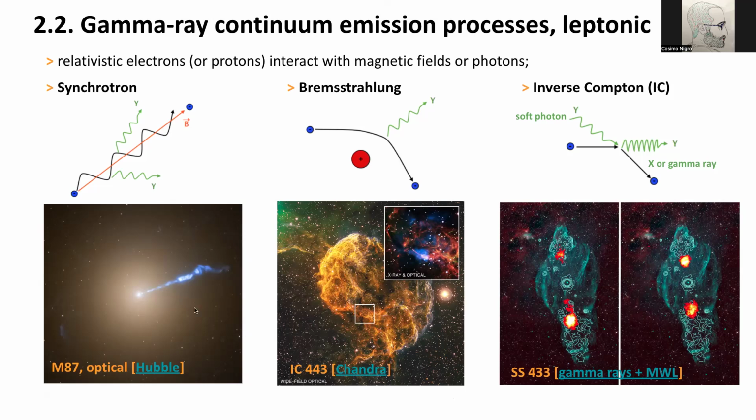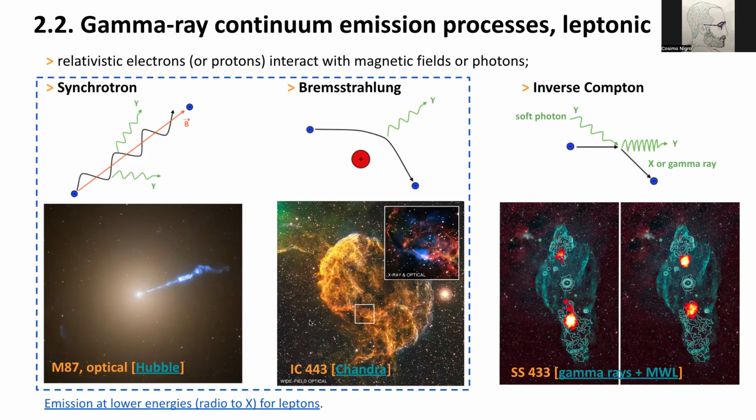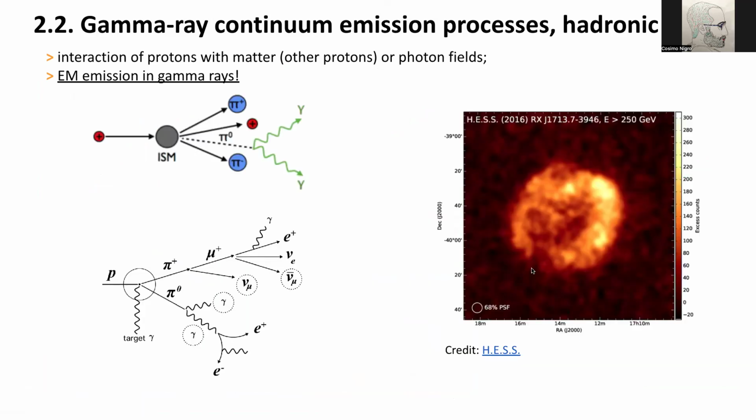We will quickly present these objects later. Keep in mind that if you have leptons, electrons radiating via synchrotron or bremsstrahlung, this emission will mostly appear in radio to X-ray energies. So if you have leptons radiating gamma rays, it's most probably via inverse Compton.